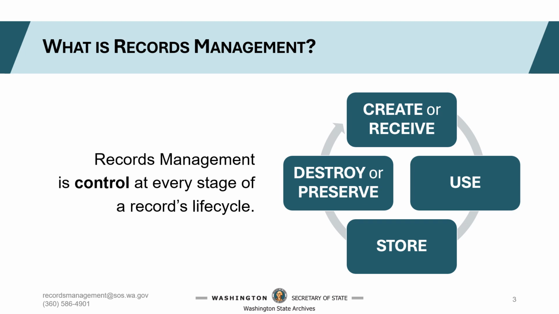Records management is as much about destruction as it is retention. Transferring records to the Washington State Archives is an important part of preserving records that serve a greater historical purpose. Ultimately, when your agency's records are organized, you can focus on the most important part of your job, serving your community.